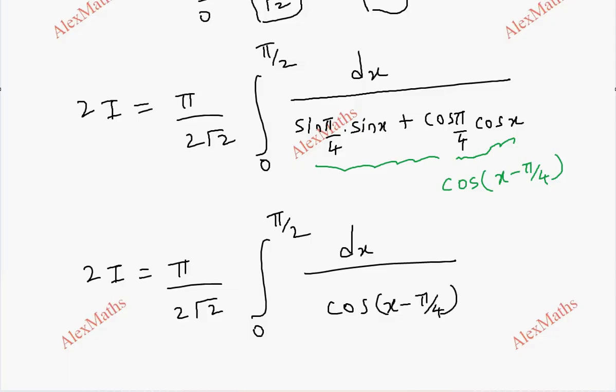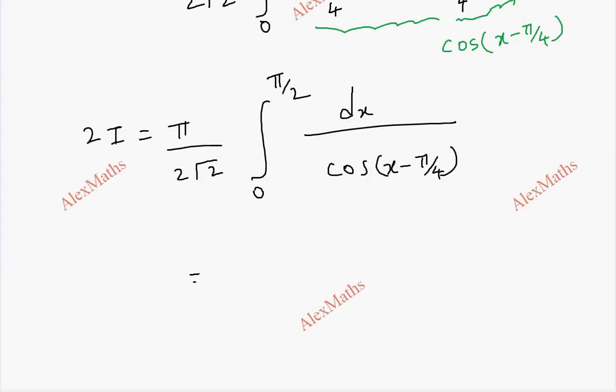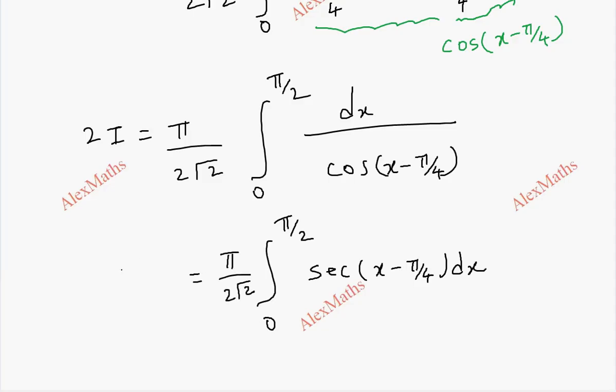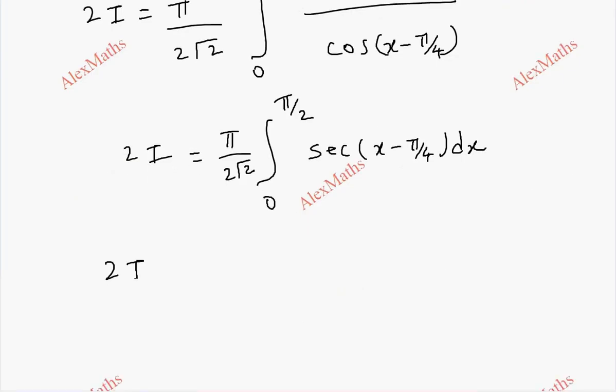Now we can take this to the numerator as secant. So we get integration of secant of x minus pi by 4 dx. This is pi by 2 root 2 and we have 2I. So finally 2I equal to pi by 2 root 2.